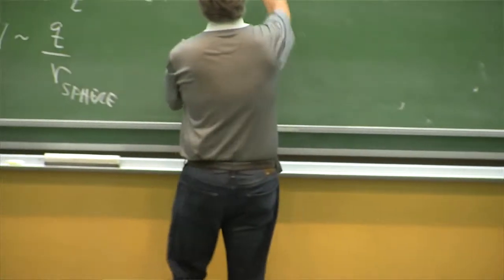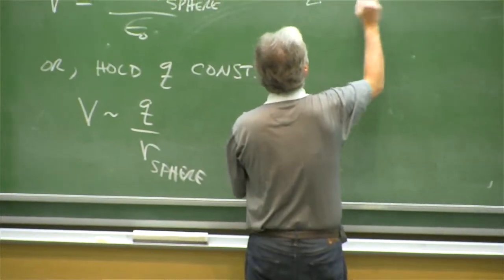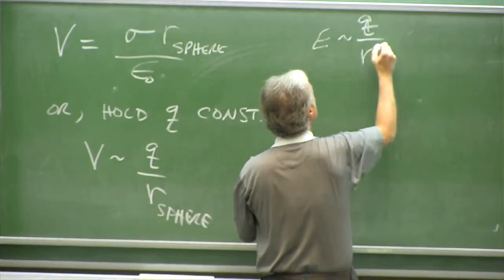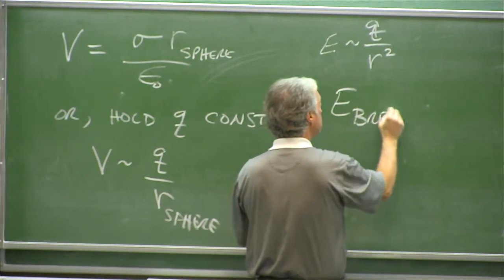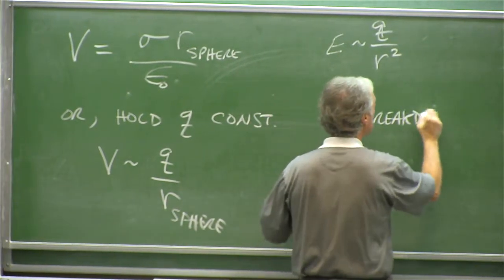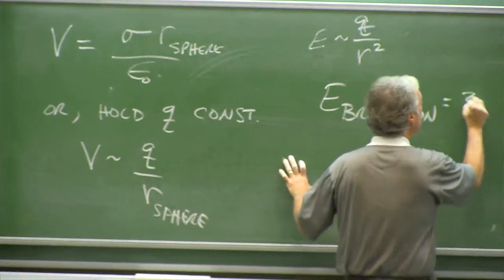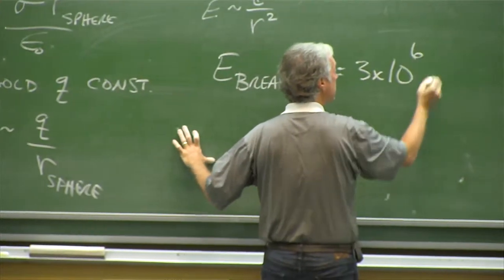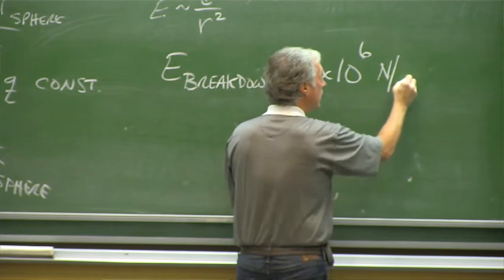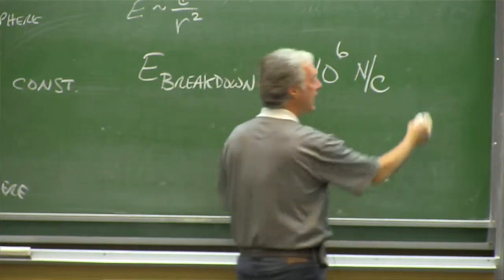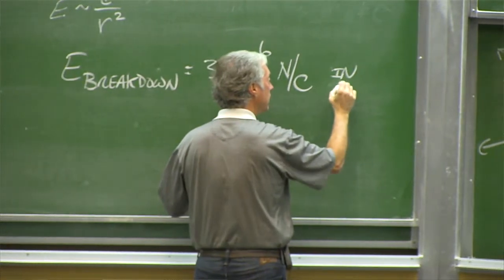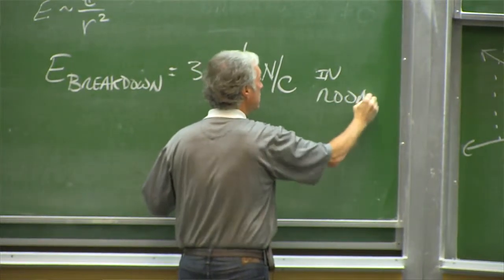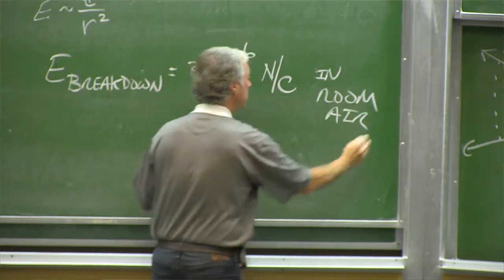And E goes as Q over r squared, right? And E breakdown is about 3 times 10 to the 6th newtons per coulomb in air, in normal room air, right?